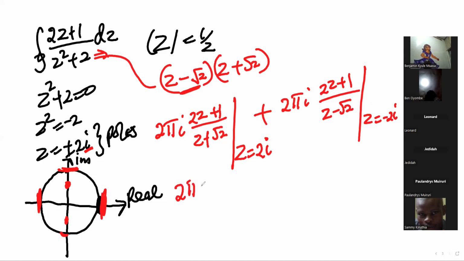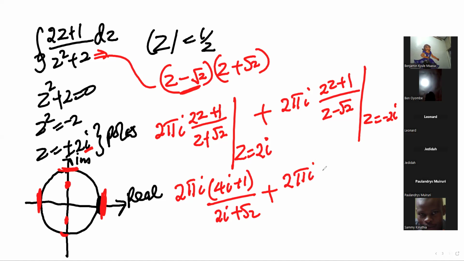You're going to have 2 pi i, then 2 times i becomes 4i plus 1 divided by 2i plus root 2, then plus 2 pi i times 4i plus 1 divided by minus 2i minus root 2 like that.